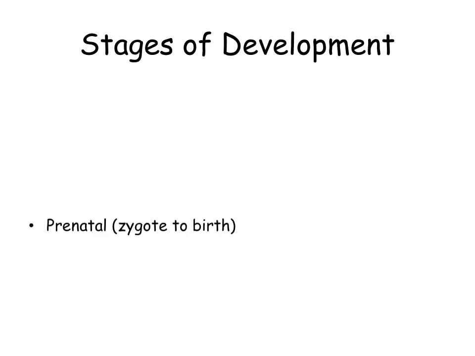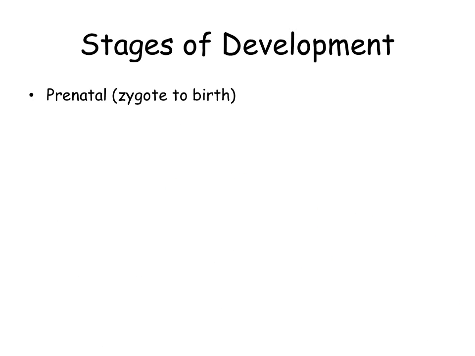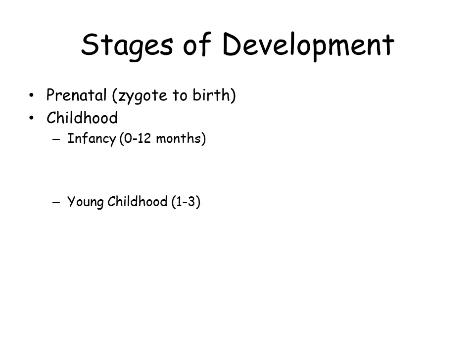Okay, so stages of development, what we're going to go through. We're going to talk about prenatal, and that's zygote to birth. We're going to talk about childhood, and there's 4 stages of childhood. So infancy, which is up to 12 months.